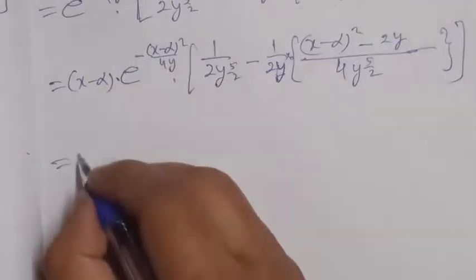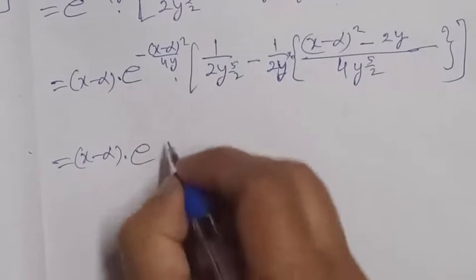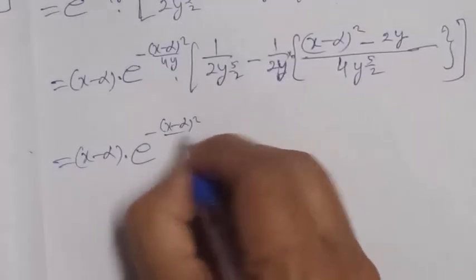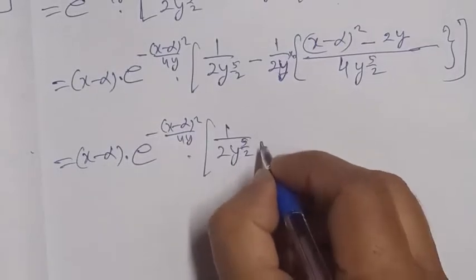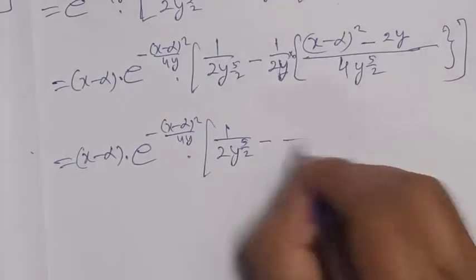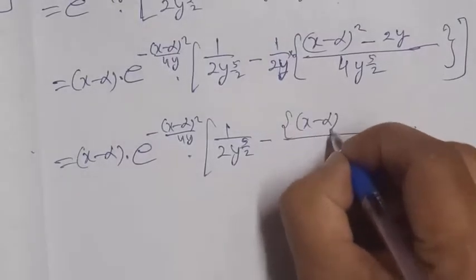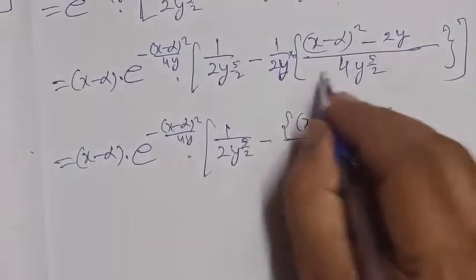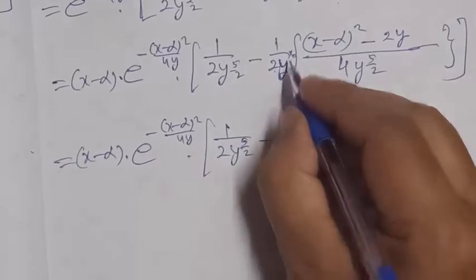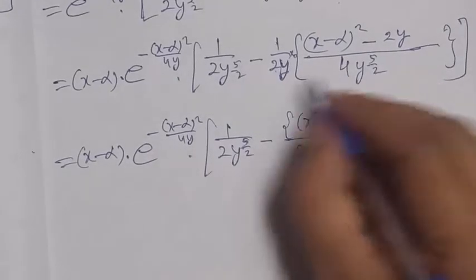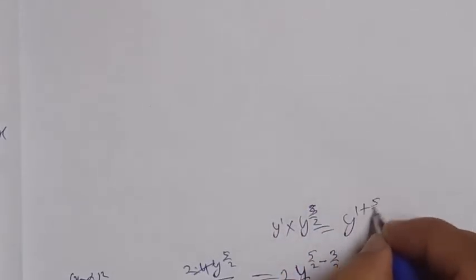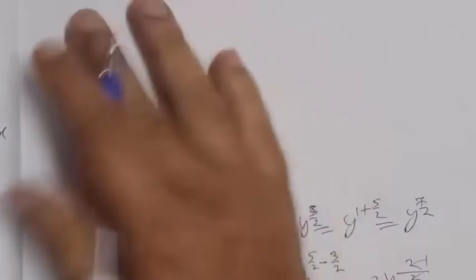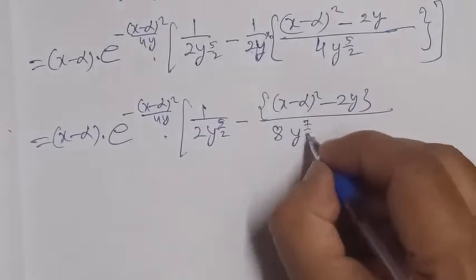So I write it as (x minus alpha) into e to the power minus (x minus alpha) whole square upon 4y and 1 upon 2y to the power 5 by 2 minus 1 multiplied by this value becomes (x minus alpha) whole square minus 2y, and this multiplied by this becomes 8y to the power 1 and power 5 by 2. On multiplication, y to the power 1 into y to the power 5 by 2 becomes y to the power 1 plus 5 by 2 equal to y to the power 7 by 2. So I write here directly 7 by 2 here.